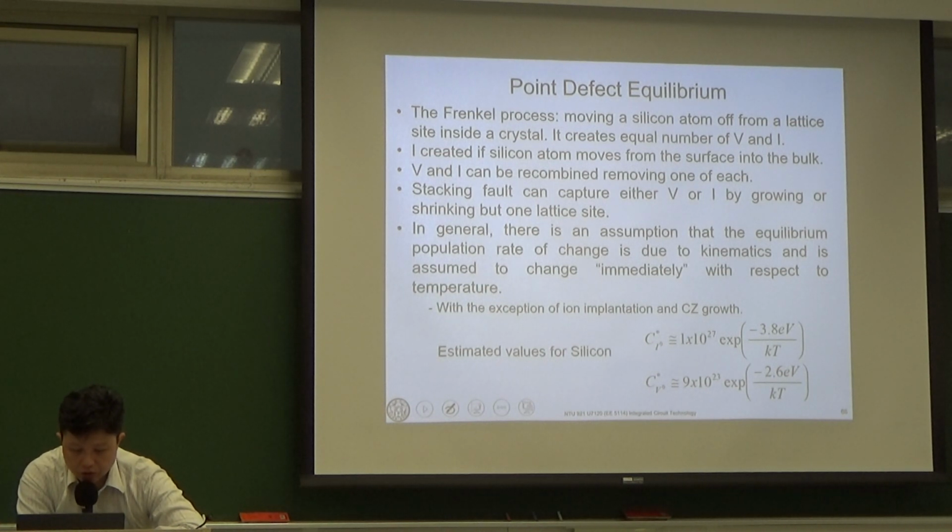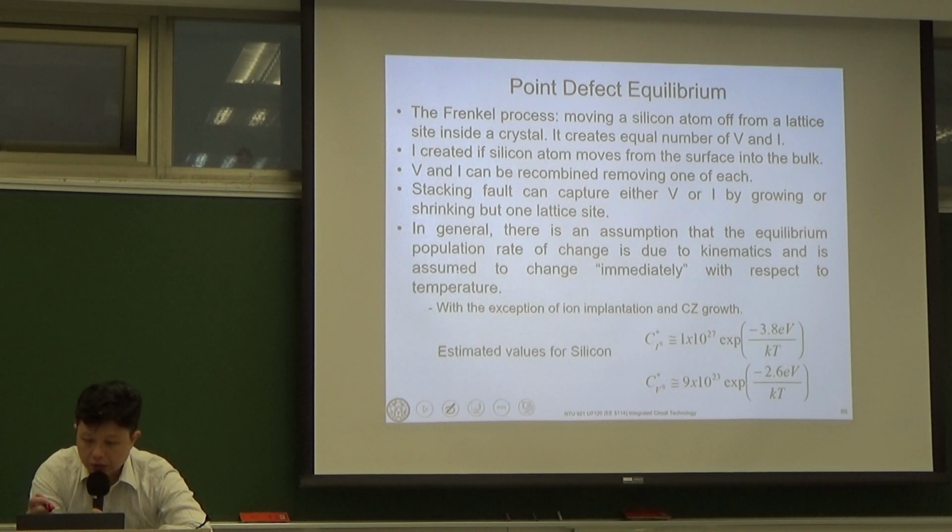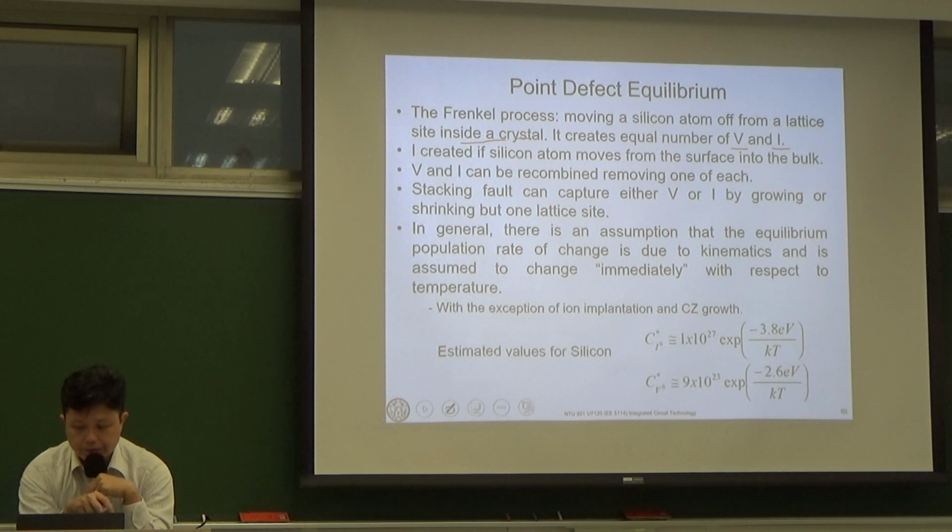And here we just try to recap what kinds of defects we had in the last lecture. The first one is a Frenkel pair. It's made by moving one atom off from a lattice site inside a crystal, and it creates an equal number of V and I. I is created if this atom moves away from the surface into the bulk.